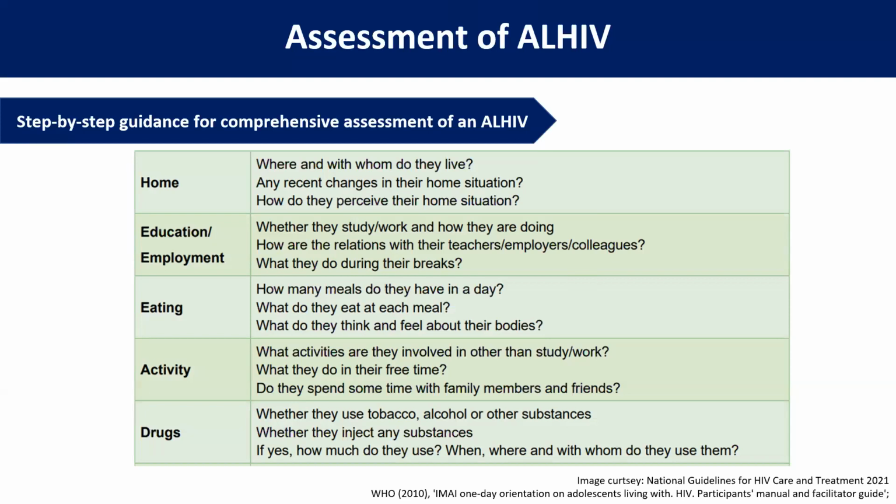Look at their education and employment, whether they are studying or working, how they are doing, how their relationships are with the teachers, employers, colleagues, what they do during their breaks, what they eat, what their activity is, and whether they are abusing any drugs, tobacco, alcohol, or any substance.